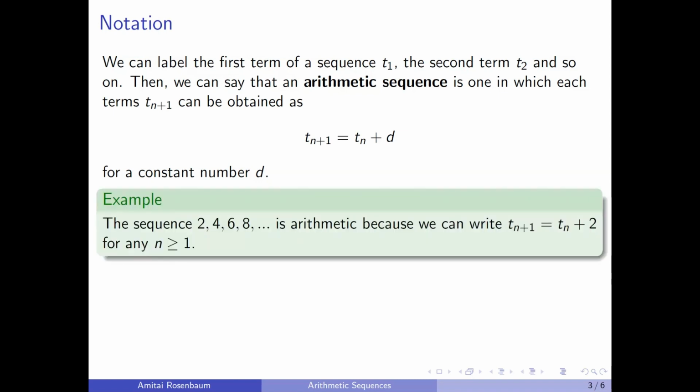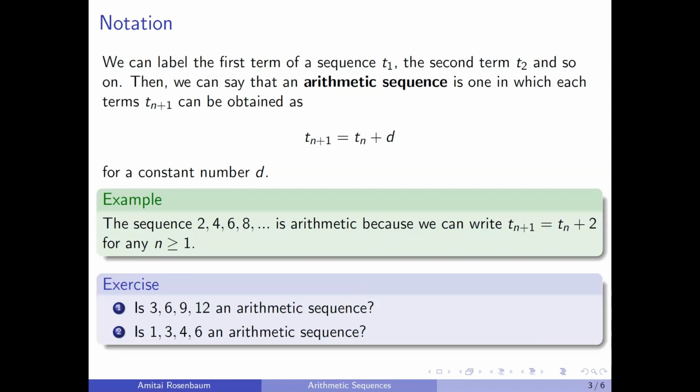So, for example, the sequence 2, 4, 6, 8, and so on, an infinite sequence, is arithmetic because for each Tn+1, we add on 2 to get to the next term.